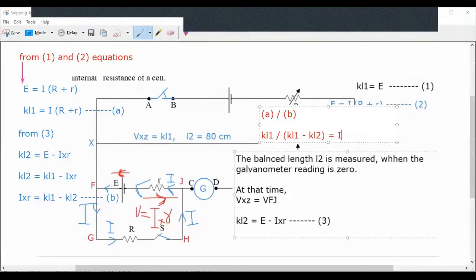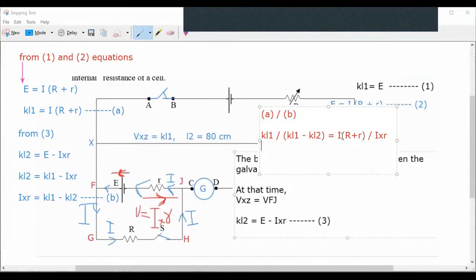I terms should be taken together: I into (capital R plus simple r) divided by I times simple r. It must be very much clear.